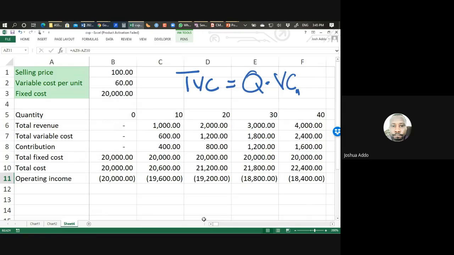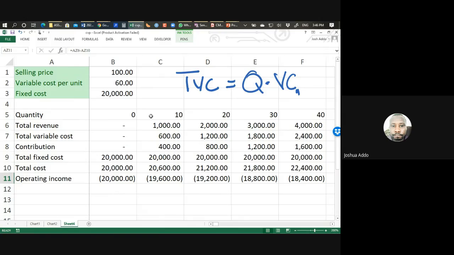Okay, so we have understood how we can use spreadsheets to model cost volume profit analysis. We capture key input variables here. This is our output. Remember, cost volume profit analysis wants to assess the relationship between our cost structure as a business, the volume of sales, and profitability, the linkages between these variables.